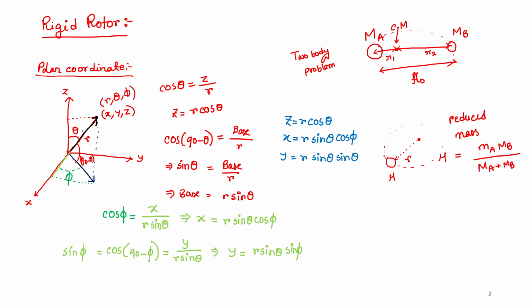There is a symmetrical thing here. z is only dealing with the main vector, so that is why it is r cos theta, but x and y both are dealing with the projection of r onto the xy plane. So that is why we are dealing with r sine theta in both cases. That is constant, r sine theta and r sine theta. Now for x it is r sine theta cos phi, and for y it is r sine theta sine phi. Sorry, I made a mistake here, so this should be sine phi.